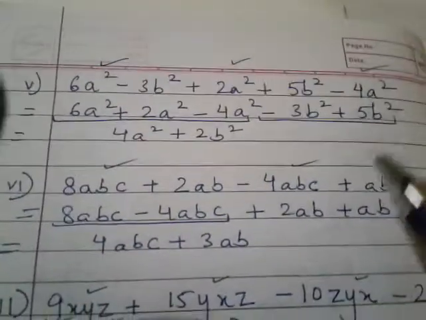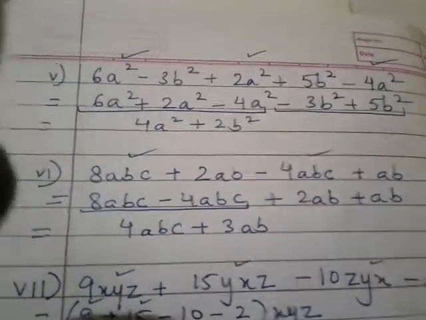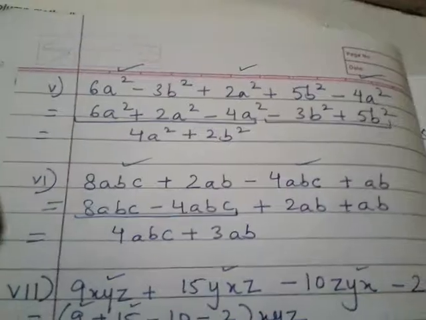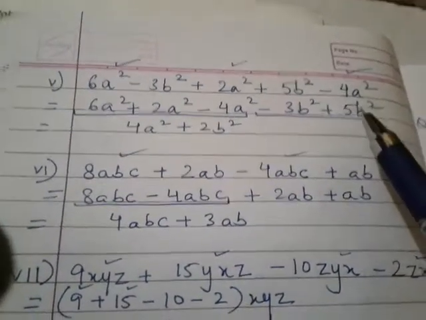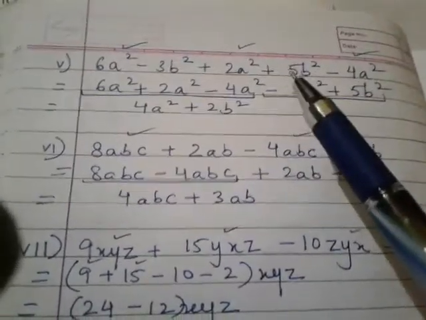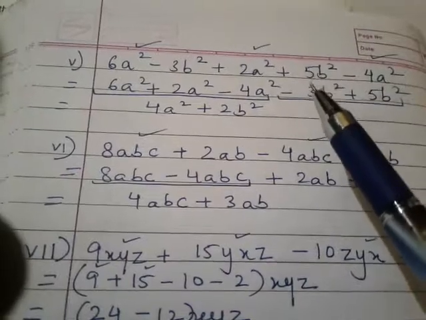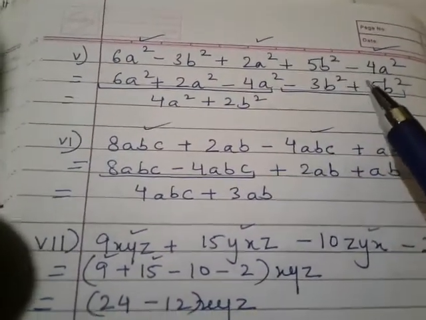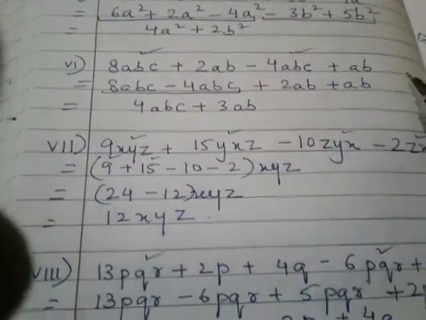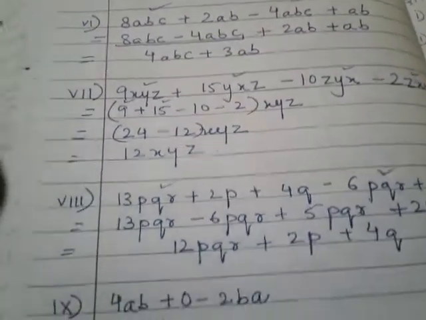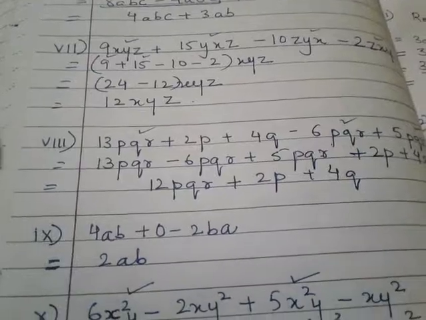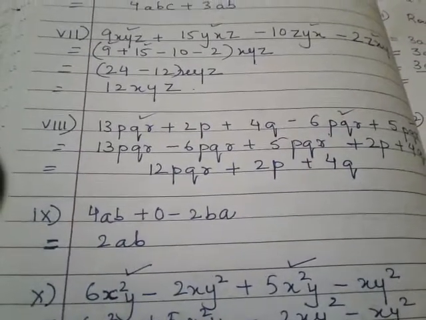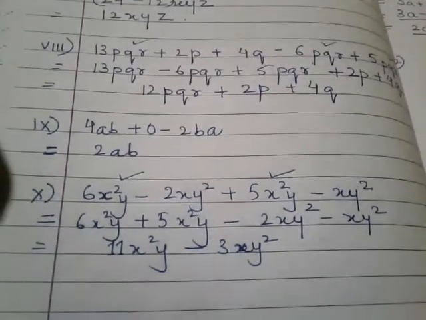I'm not explaining the fifth and sixth one. It's a type of homework which I have given, and I'm not explaining because the method is the same: segregate like terms and do the required addition or subtraction. Fifth, sixth, seventh, eighth are homework, and ninth is also homework, and the tenth.